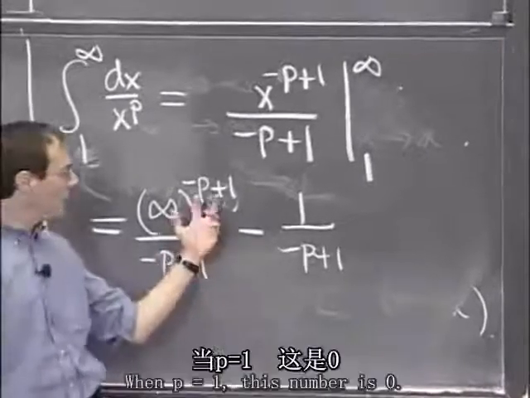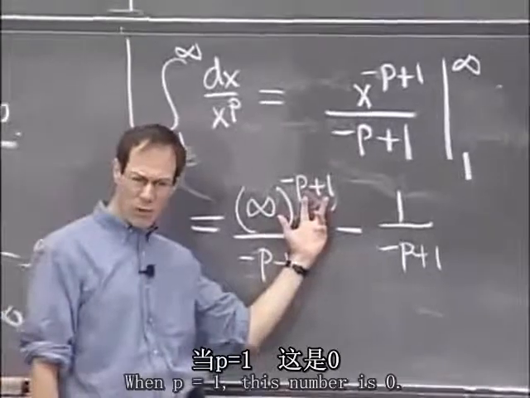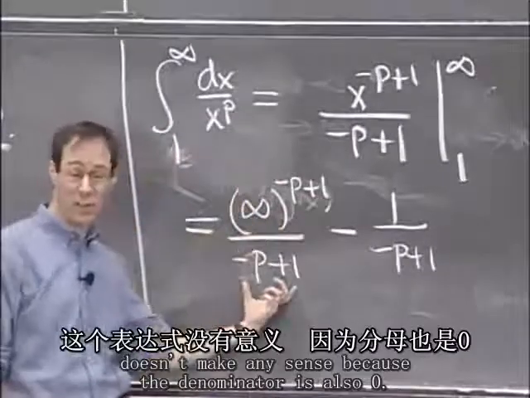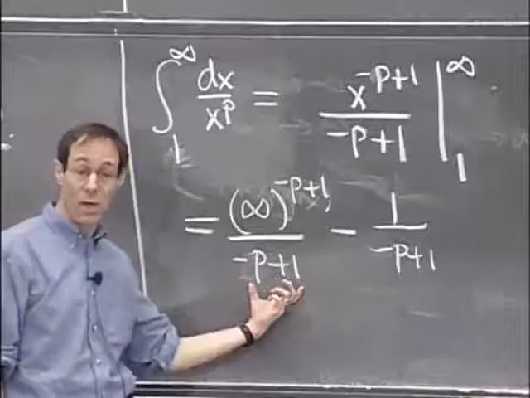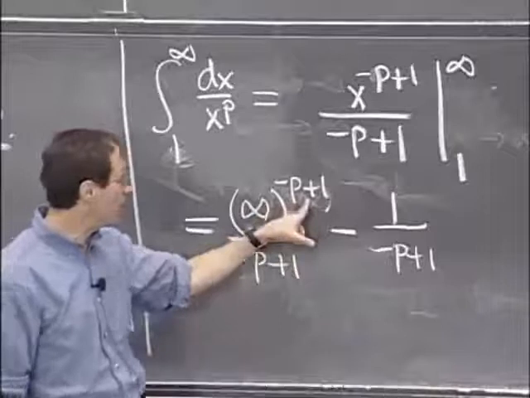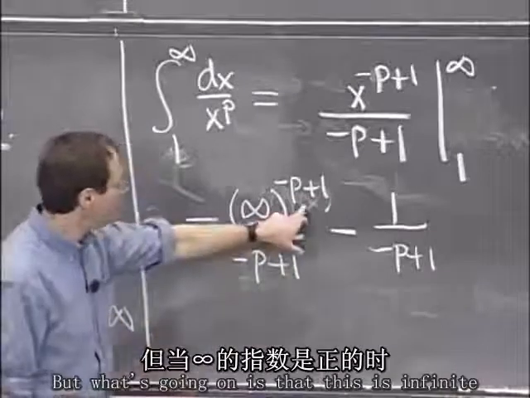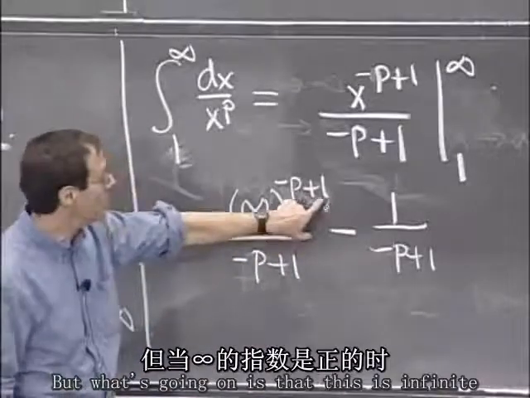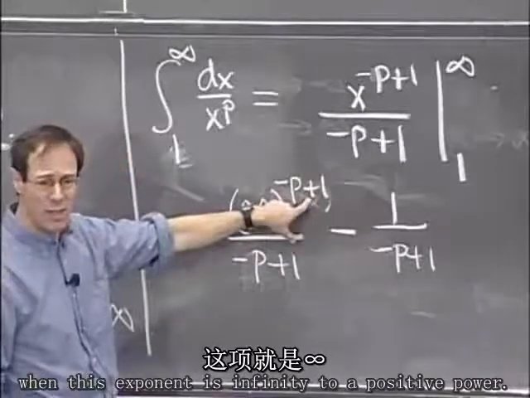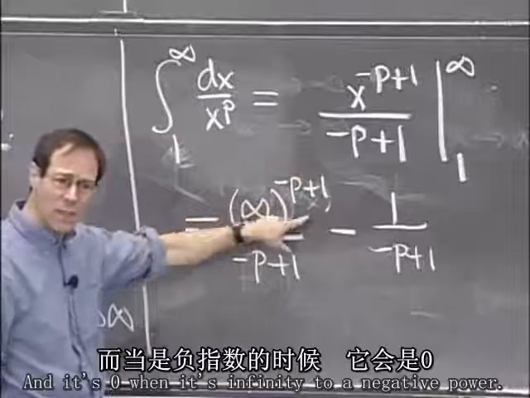When p equals 1, this exponent is 0. And in fact, this expression doesn't make any sense because the denominator is also 0. But for all of the other values, the denominator makes sense. What's going on is that this is infinite when this exponent is infinity to a positive power, and it's 0 when it's infinity to a negative power.